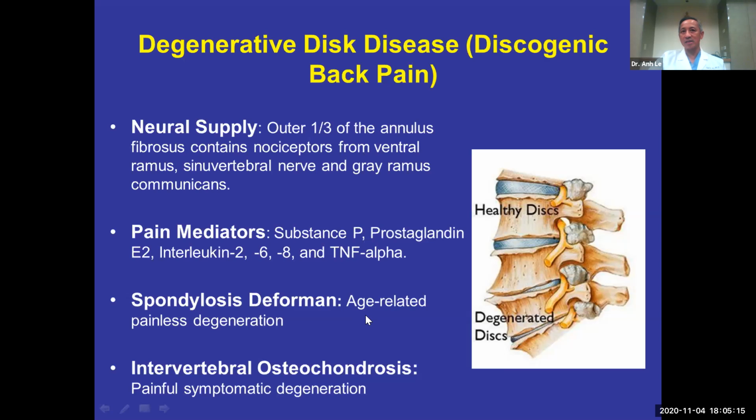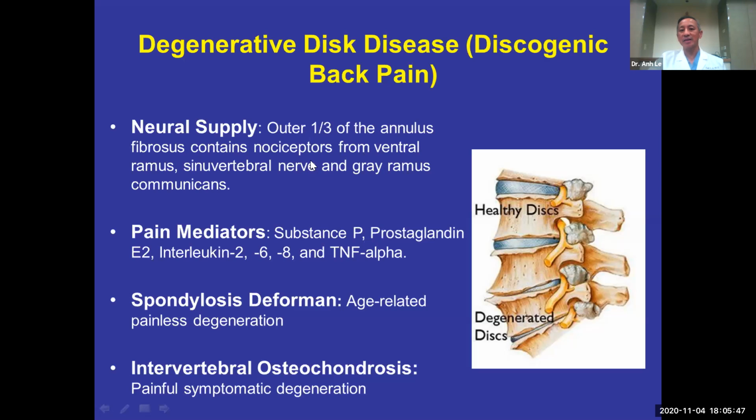A patient who has degeneration that is accompanied with pain has what is known as intervertebral osteochondrosis, which is basically painful, symptomatic degeneration. It is thought that the nerve supply in the outer third of the annulus fibrosus contains all the nociceptors, from the ventral ramus, the sinuvertebral nerves, and the gray ramus communicans.